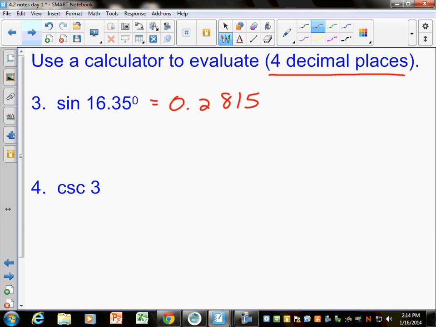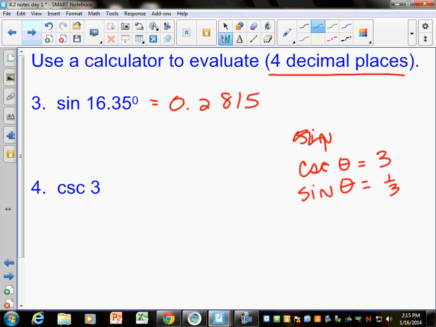And I kind of picked a hard one here because maybe we aren't ready for cosecant yet. But for radians, you would just type it in. Except for the reciprocal functions, there is not a button on your calculator for secant, cosecant, and cotangent because you don't need a button. Let's do cosecant. If the cosecant of an angle is 3, we know that the sine of that angle would be what? 1/3.